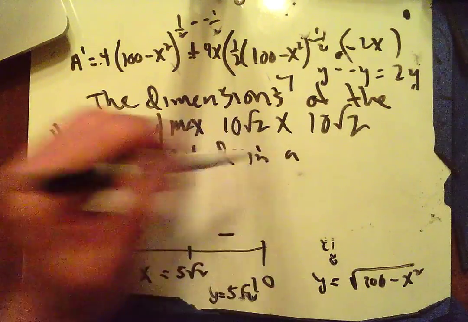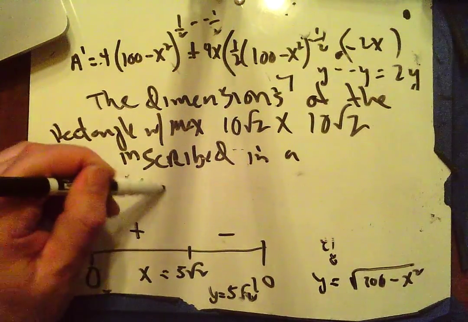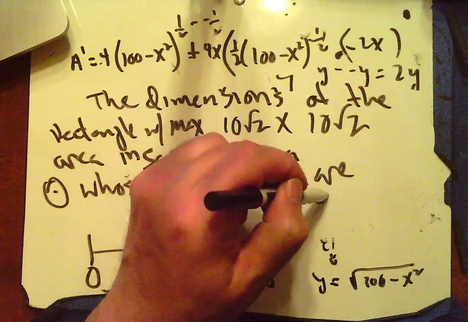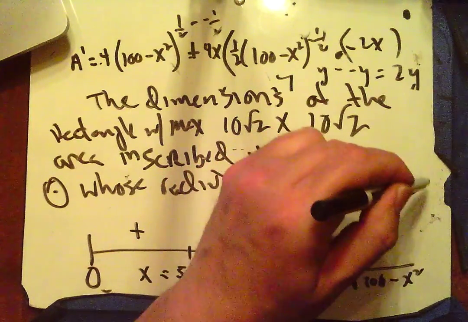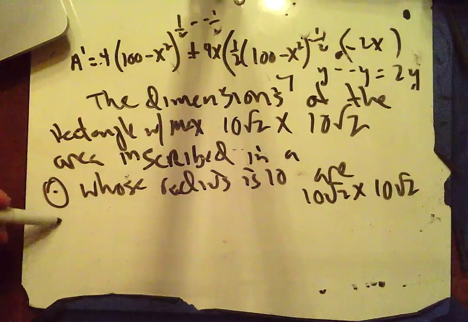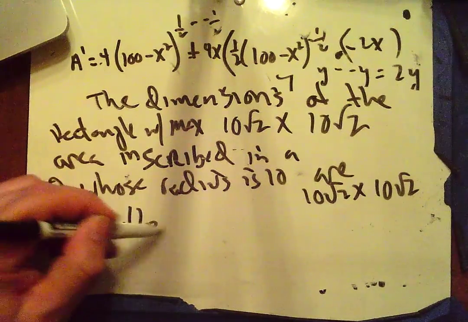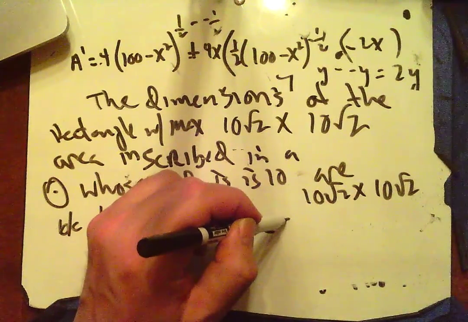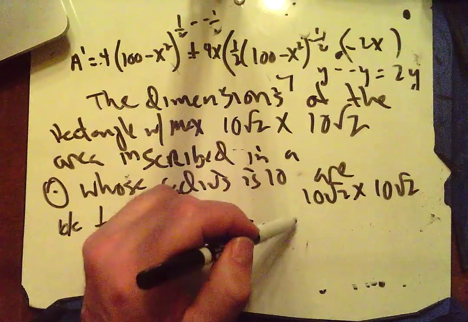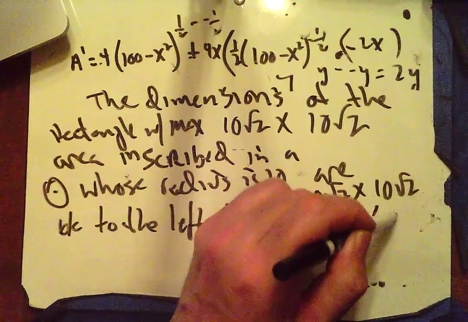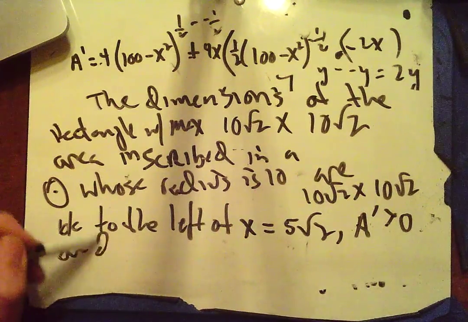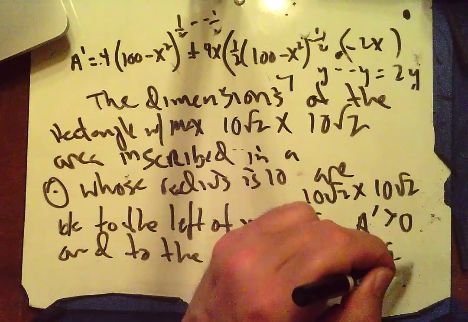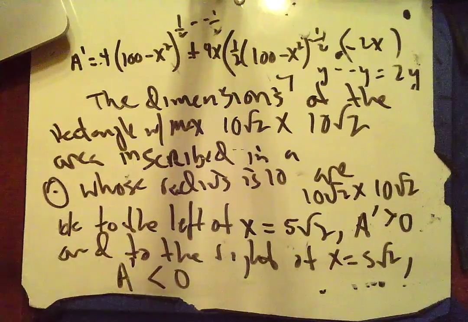Inscribed in a circle whose radius is 10 are 10 root 2 by 10 root 2, and then our justification, because to the left of x equals 5 root 2, I checked, y prime was greater than 0, and to the right of x equals 5 root 2, y prime is less than 0.